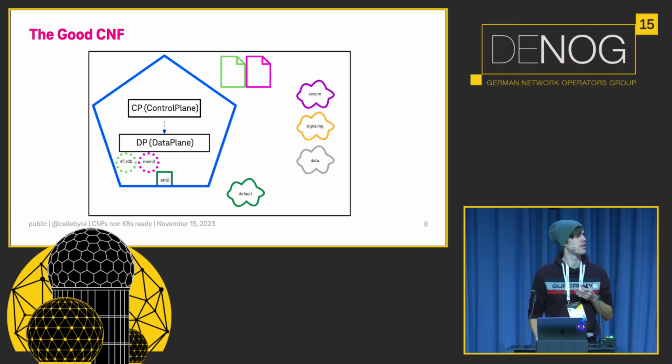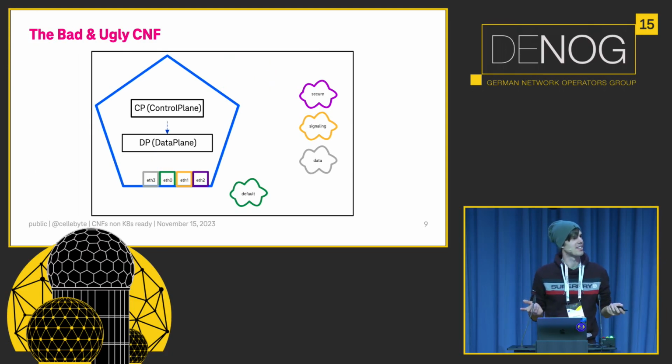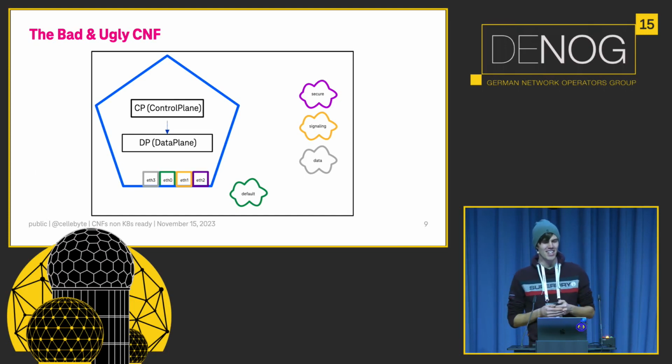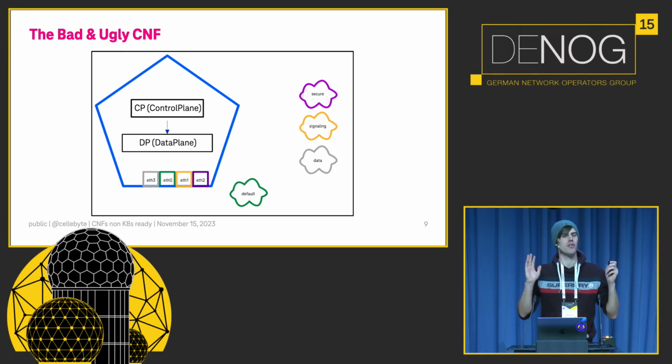So now, what do vendors ship when they come to us? It looks like this. They just ported the VNF over to Kubernetes and said, now it's containerized. Yay. And please provide me a number of interfaces so that I can interconnect with your network.